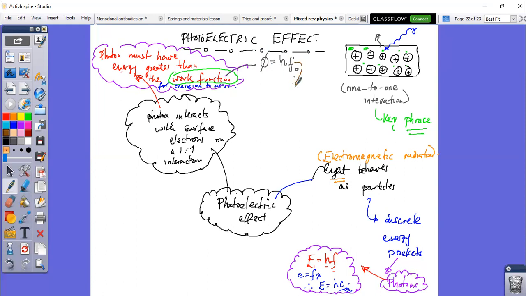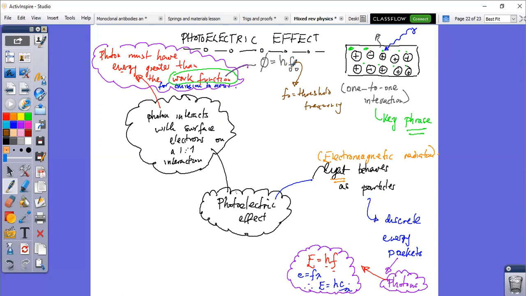So f naught is equal to the threshold frequency, the frequency at which emission just begins. So the threshold frequency times Planck's constant gives us the work function, okay?